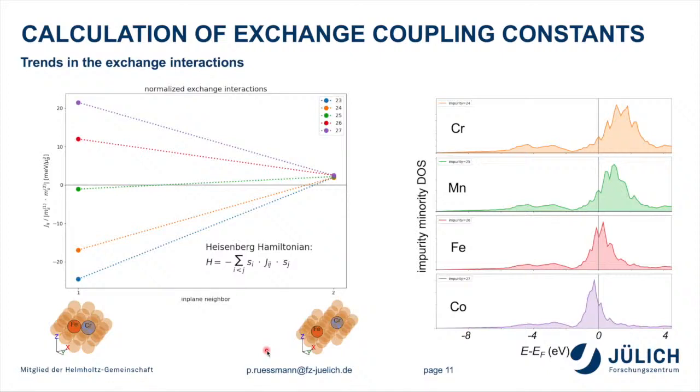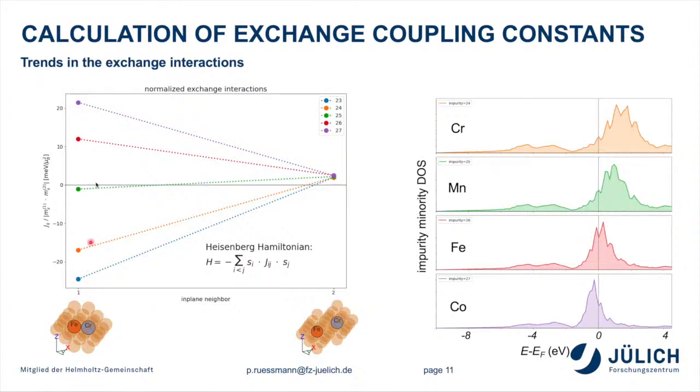So here's an example result of how this can look. I showed you again these dimers of impurities, keeping the first atom as iron and varying the second impurity, here now for the first two neighbors. And the different colors here show the effect that different second impurities have on the exchange interactions.